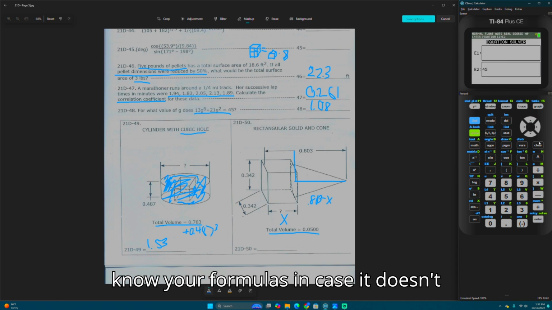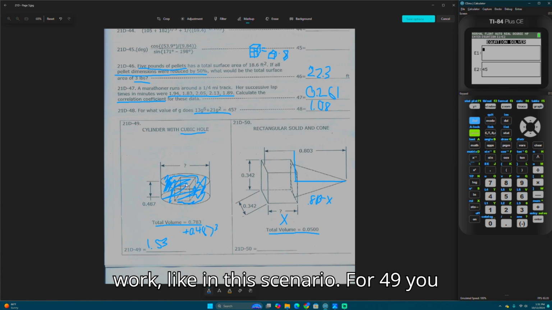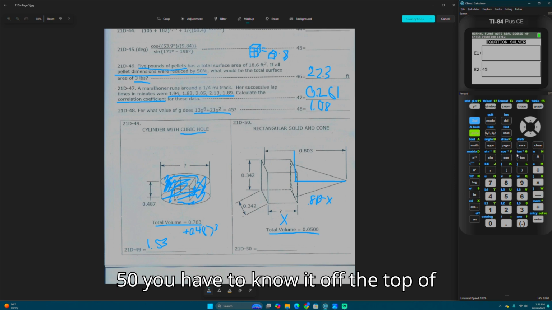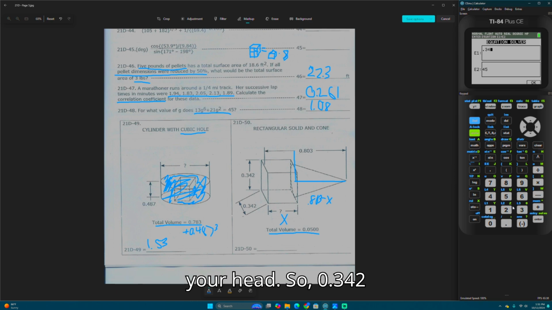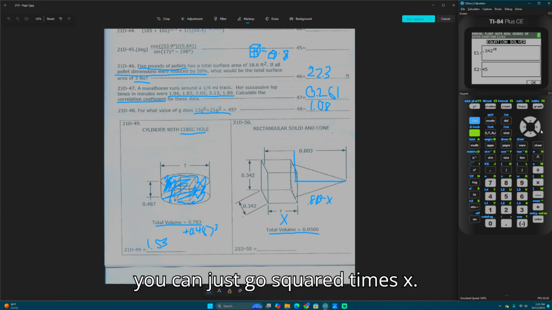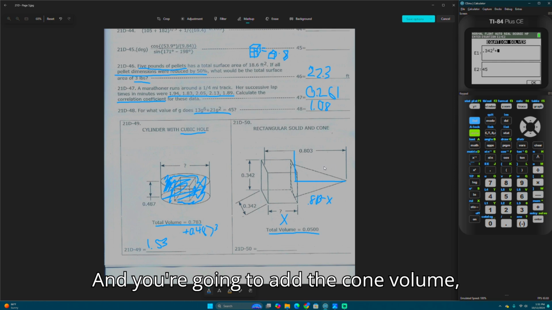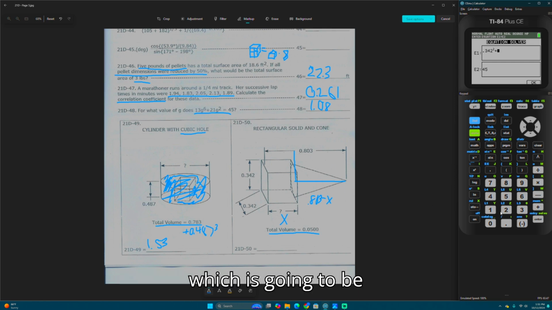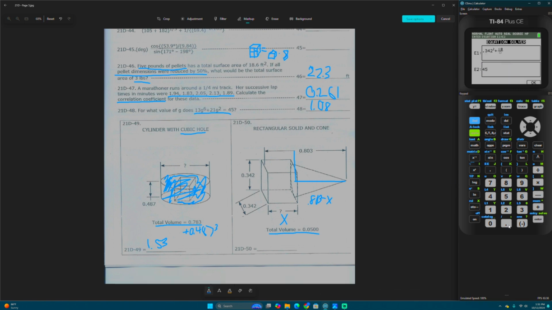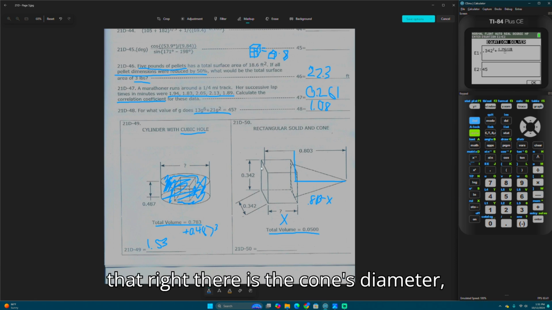This is where it's important to know your formulas in case it doesn't work, like in this scenario. For 49, you could still use geomfig sometimes, but for 50, you have to know it off the top of your head. So 0.342, and since it's multiplying by each other, and then you're going to multiply by x, you can just do squared times x. And you're going to add the cone volume, which is going to be the radius, in parentheses 0.342 divided by 2, because that is the cone's diameter.